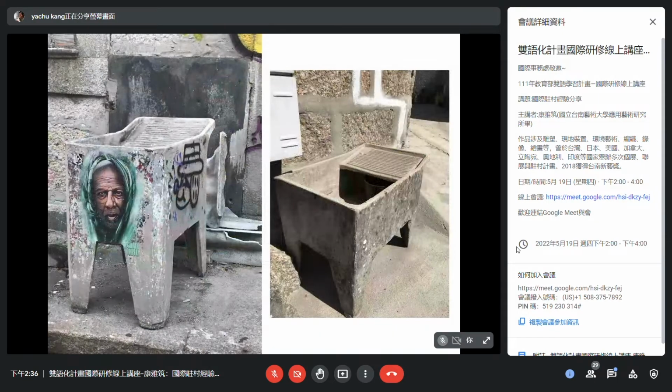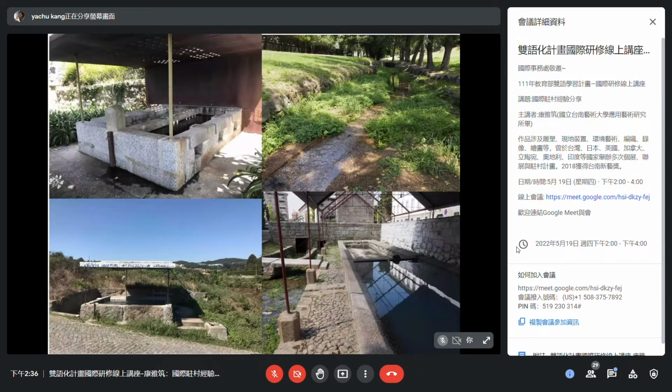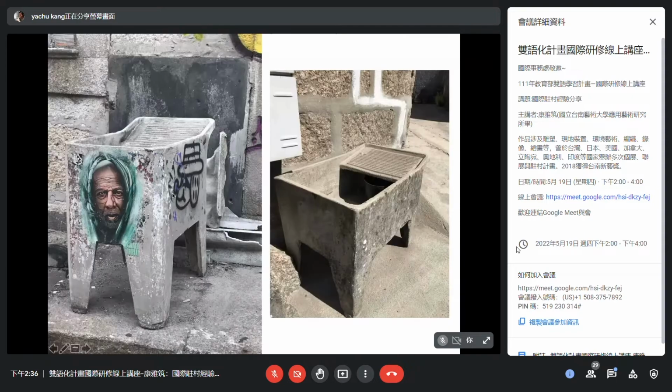And this is a washing tank that before washing machine was invented. So people they have to bring their laundry to there to clean and wash. And this is kind of like individual small tank they use in their house. So because washing machine, a lot of these are abandoned, they don't need it anymore.